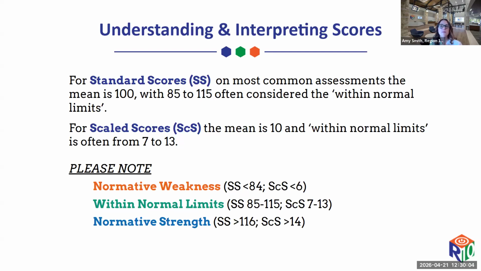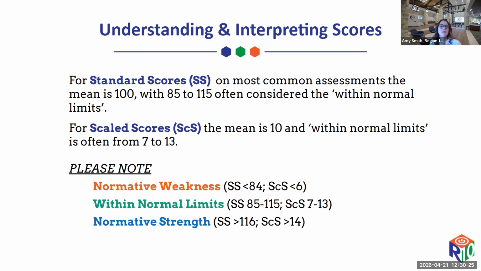So on most tests that will be used with your child, the mean score, like we said, will be 100. And scores between 85 and 115 are considered to be within normal or expected range. In addition to a standard score on these results, you also see scaled scores listed in the report.